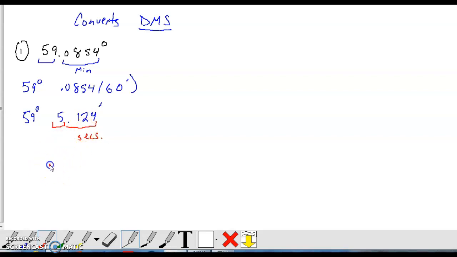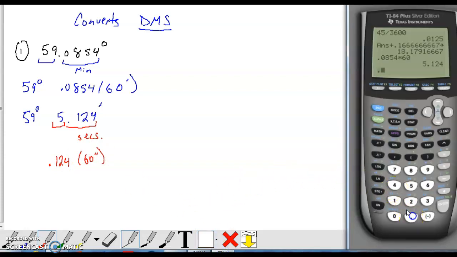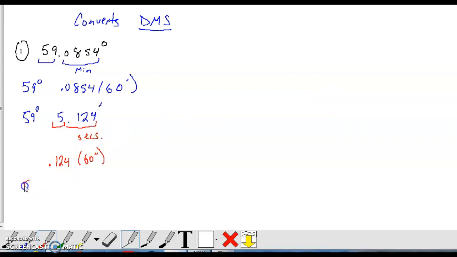So we're going to take 0.124, and we're going to multiply that by 60 seconds. So 0.124 times 60, and I get 7.44. So this will be 59 degrees, 5 minutes, and 7.44 seconds.